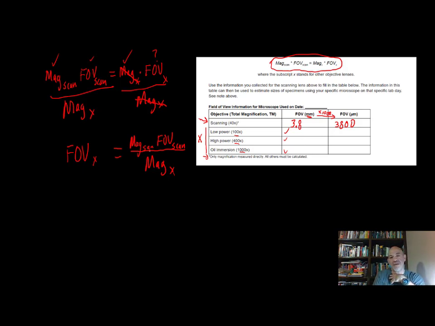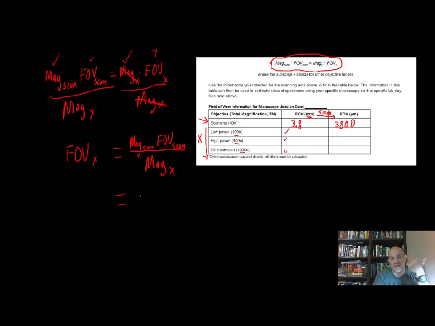So I recommend, so that you can do this very quickly, go ahead and plug in the information for the scanning on the top, calculate the top part, and save that number. The answer you get from the top. When you save that number, all you have to do now is divide that number that you saved by the different magnifications, and you get your answers right away.